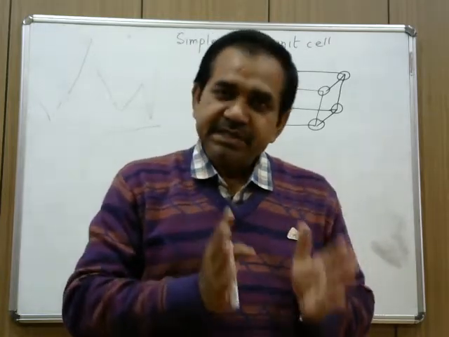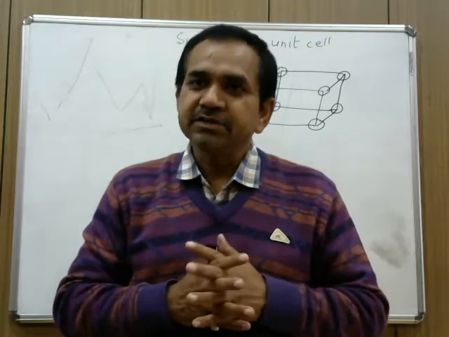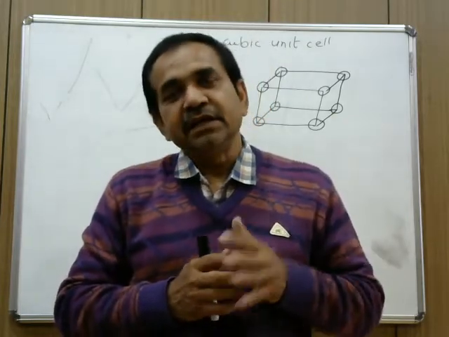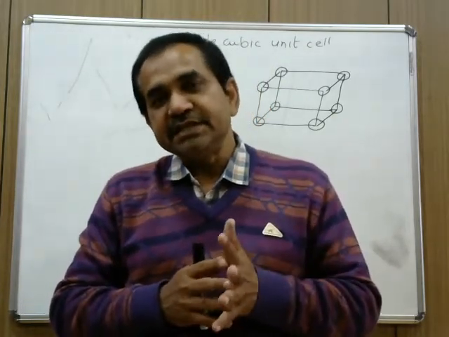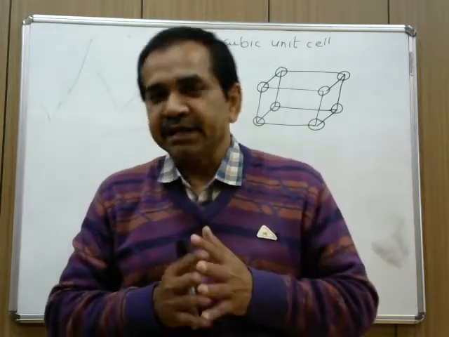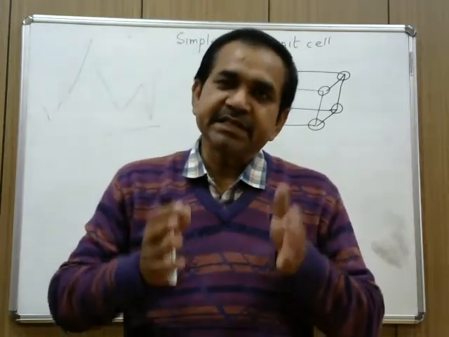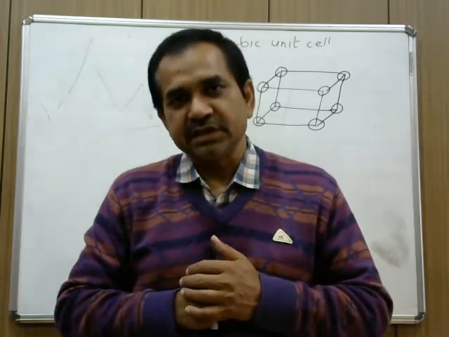So a primitive unit cell only has particles at corners, and a non-primitive unit cell has additional particles apart from those at the corners.